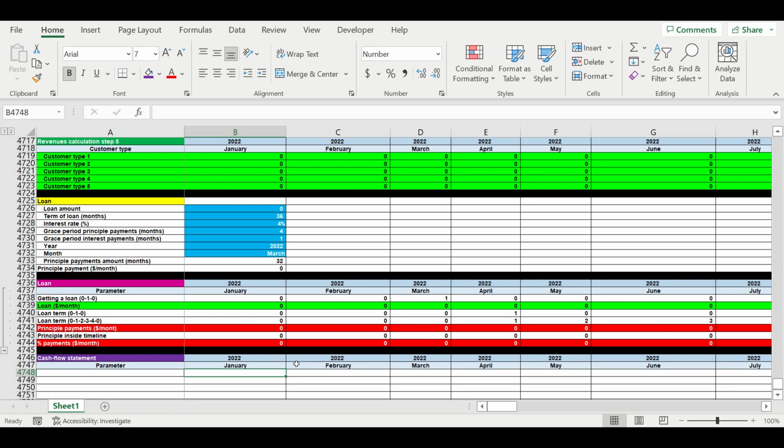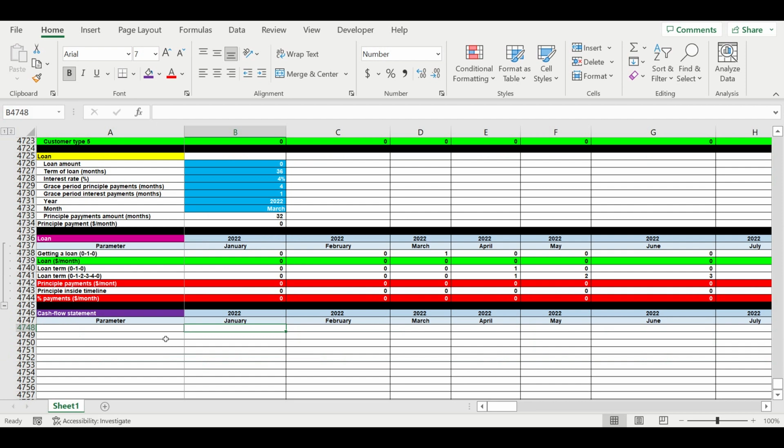To avoid mistakes, you need to calculate revenue inflows and expense outflows first, and then put them inside this statement. So first of all, we start with revenues.